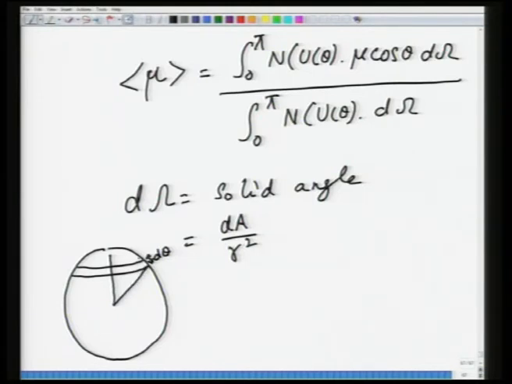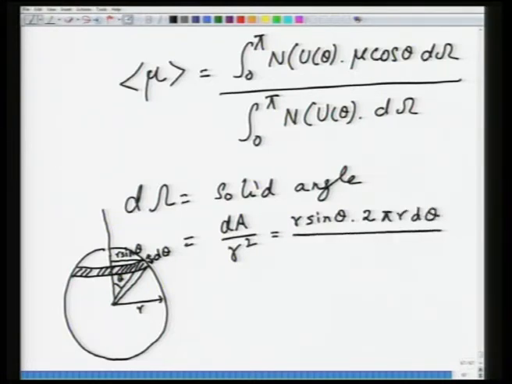So this is theta, this is r, and the area of this shaded strip would be r sin theta into 2 pi r d theta, divided by r square.